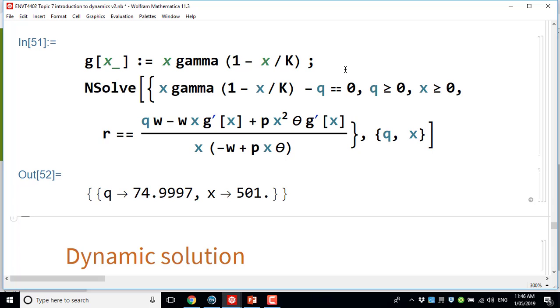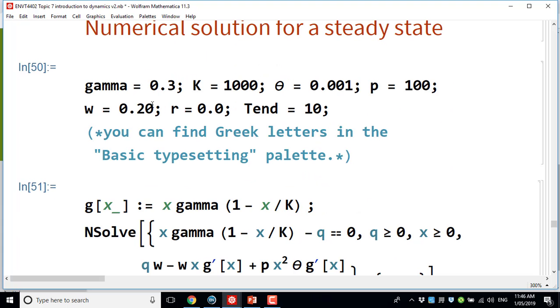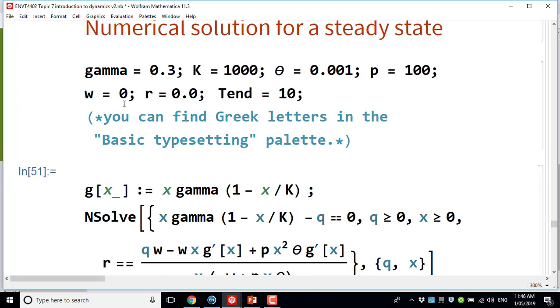Then the captures increase and the stock has also increased. I'll just also set the cost of effort to 0. So you just try that.